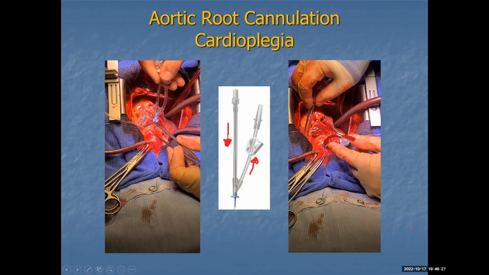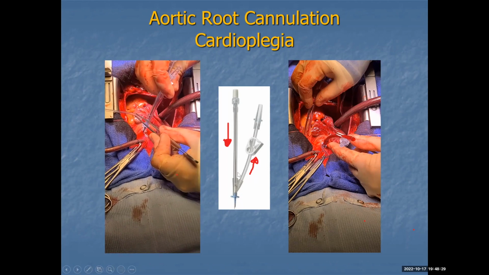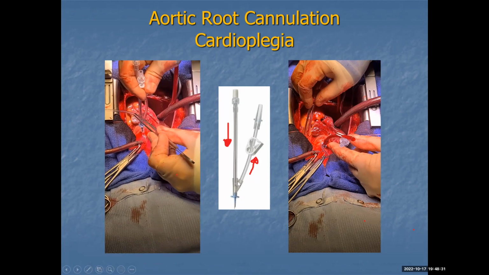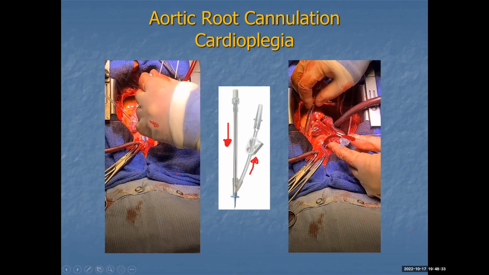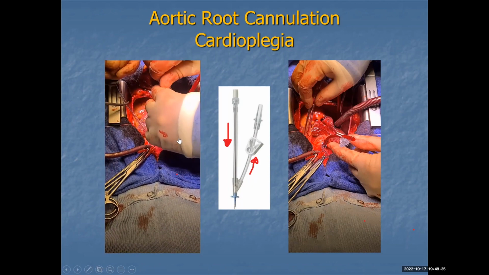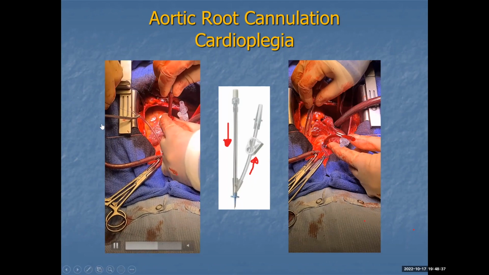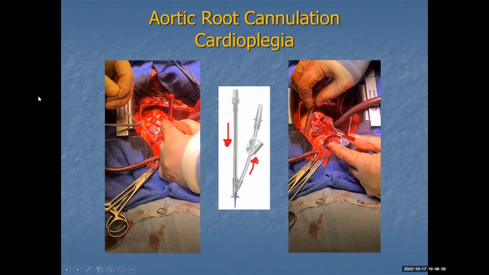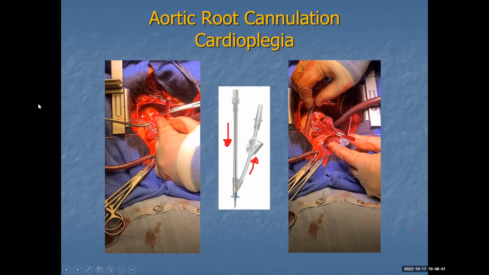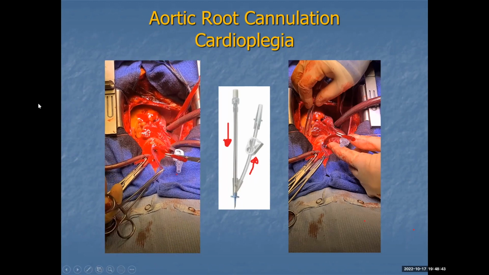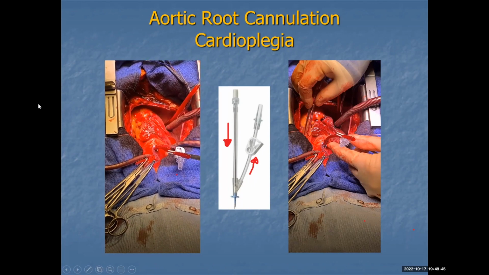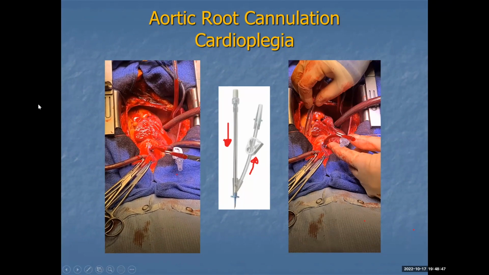So we can give cardioplegia in one direction. And when the cardioplegia is finished being delivered, we can actually suck the blood away from that area so the surgeon can see what he's doing. So the needle's gone in, we've bled the blood back, and we will connect it up again, making sure there's no air in that line.